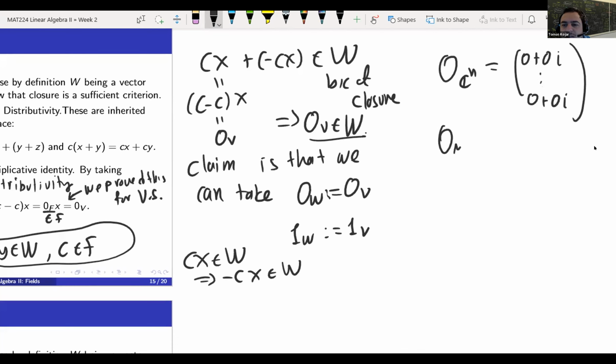For matrices, it is the zero matrix. So it changes, different for different spaces.